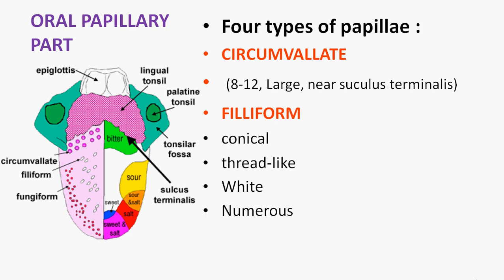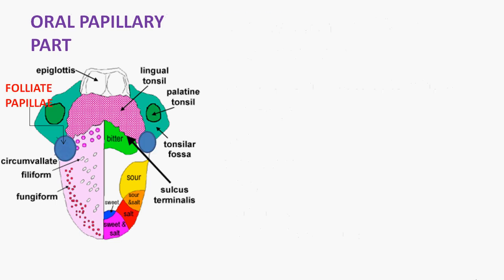They are most numerous but they are devoid of taste buds. This is the important point to be noted here, that filiform papillae are devoid of taste buds, means they do not have taste buds. You can see there in the diagram the white colored bubbles, those are the filiform papillae.